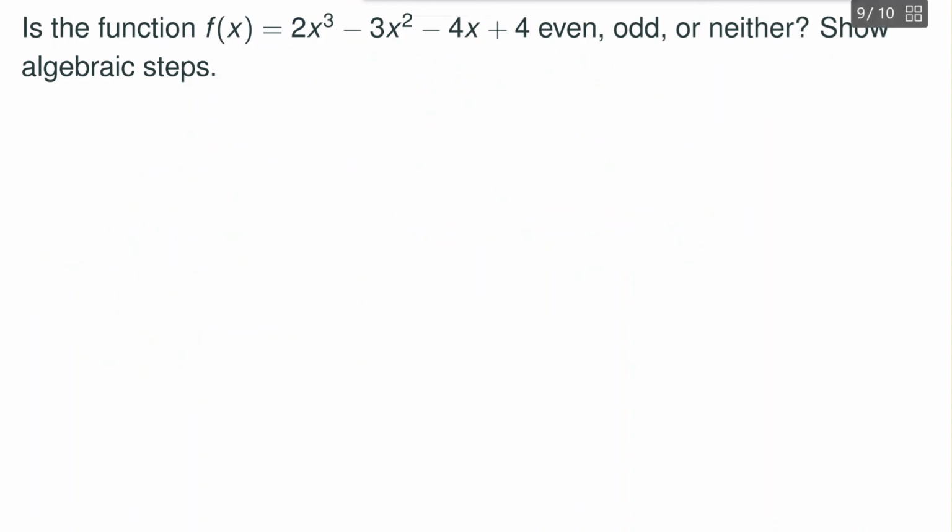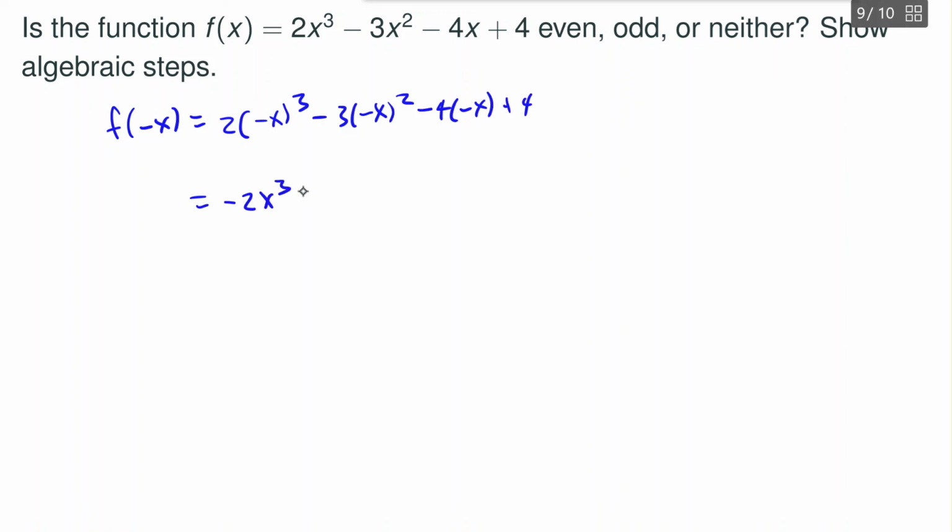Is this function f of x equals 2x cubed minus 3x squared minus 4x plus 4 even, odd, or neither? So let's check. First, just plug in negative x and see if that's equal to the given original function. 2 times negative x cubed minus 3 times negative x squared minus 4 times negative x plus 4, which simplifies to negative 2x cubed minus 3x squared plus 4x plus 4.